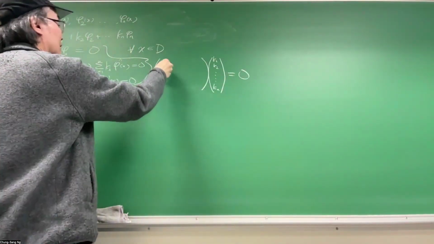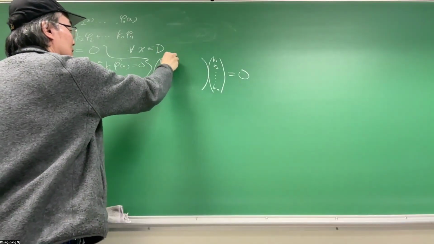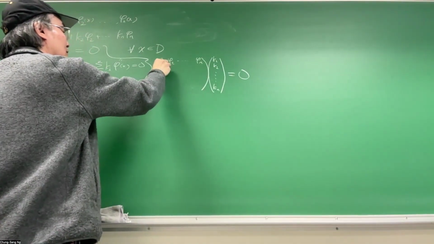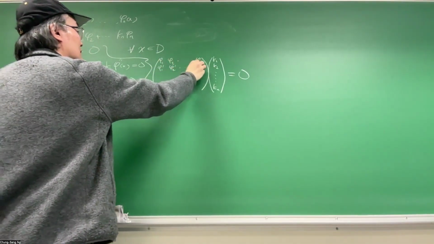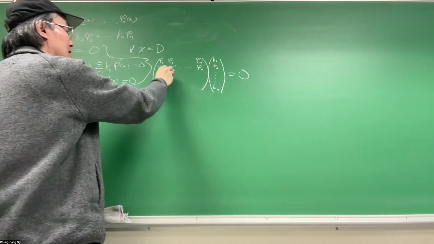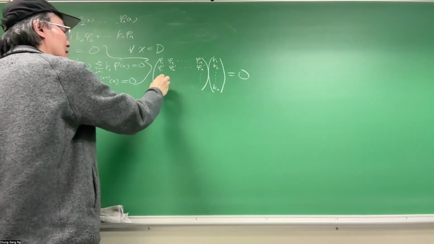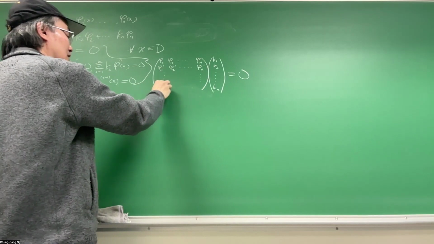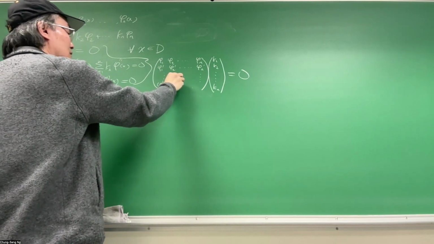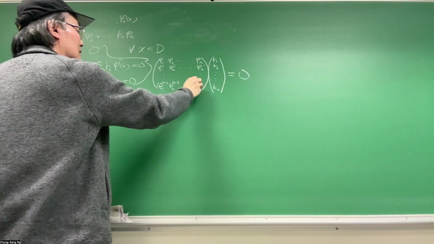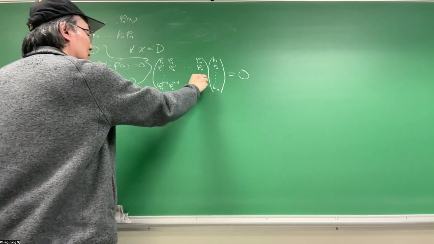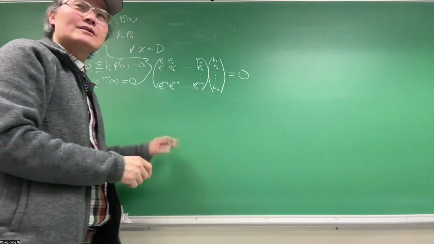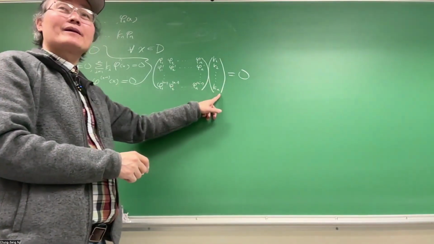The first row of coefficients is phi sub 1, phi sub 2, phi sub n. The next row is phi sub 1 prime, phi sub 2 prime, phi sub n prime, and so on. The last row is the n minus 1 derivative of phi sub 1, phi sub 2, and phi sub n.